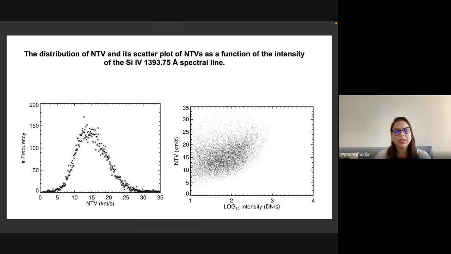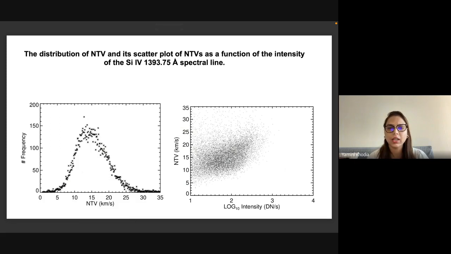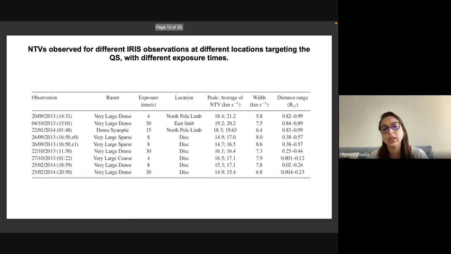And if we see the distribution of this particular data set near the disk center, we see that the peak of the non-thermal velocity gets shifted to less than 15 kilometers per second, somewhere around 14 kilometers per second. And again, the non-thermal velocity is well correlated with the intensity.